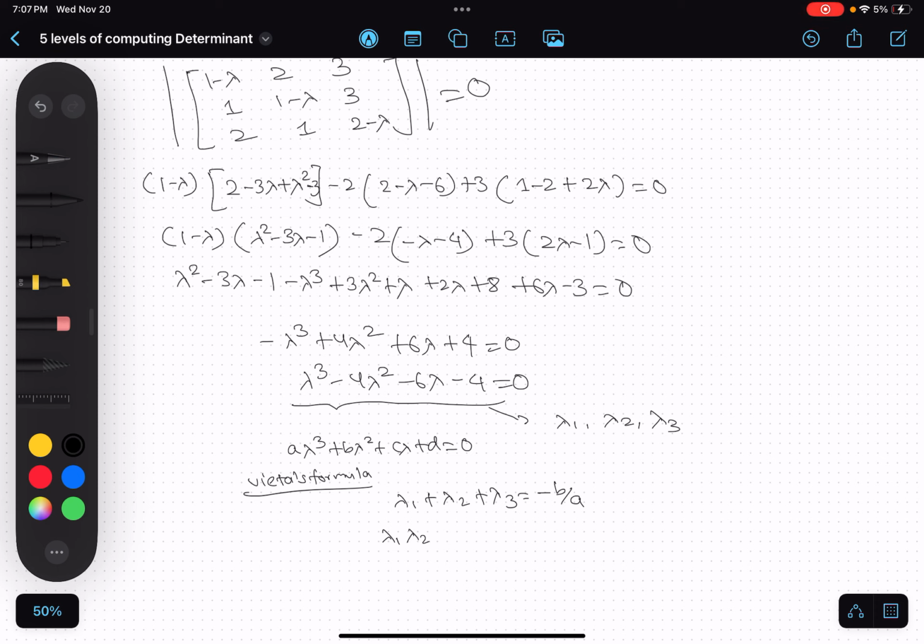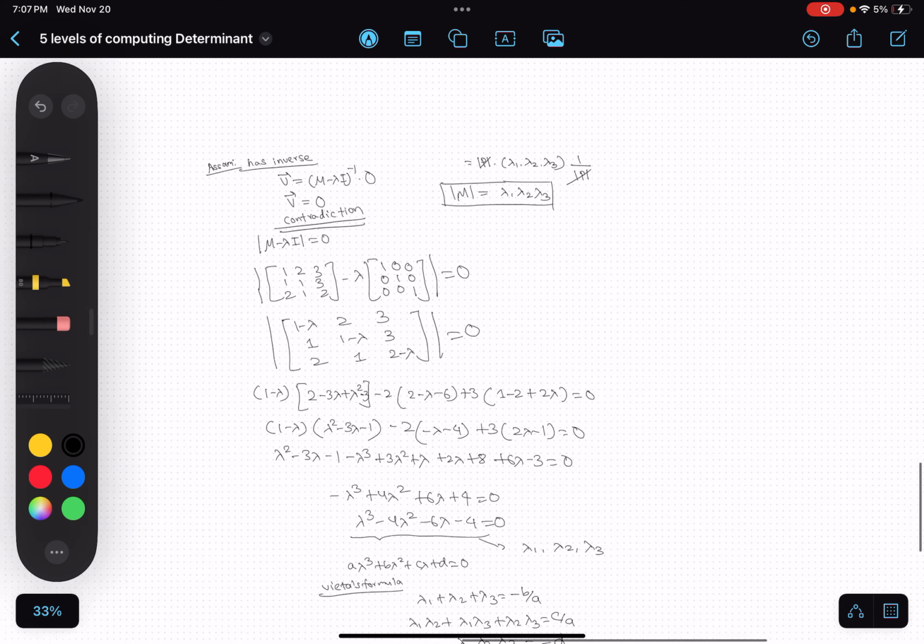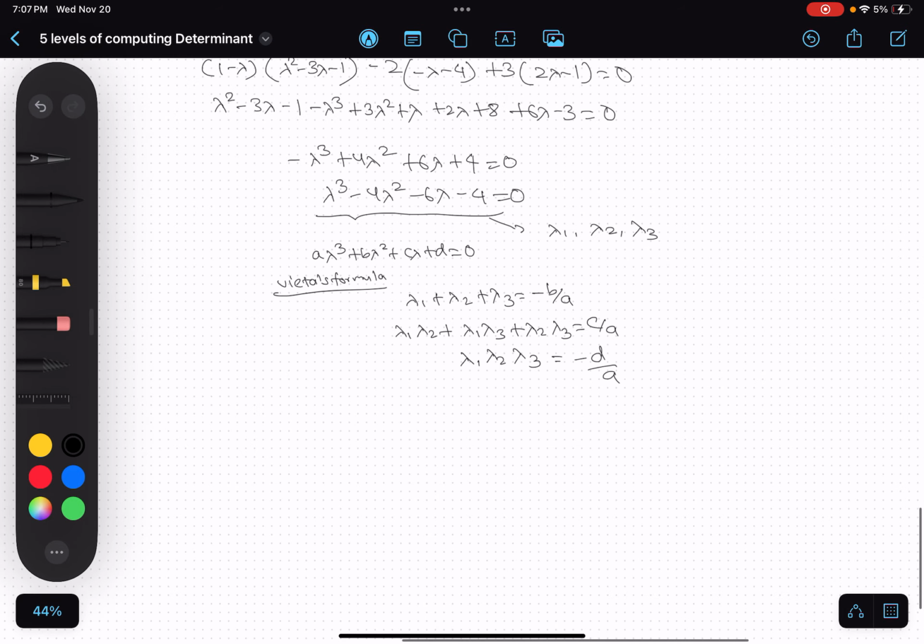The solutions taken 2 at a time will be c by a, and the solutions taken 3 at a time, their product, will be negative d by a. Since we just want the product, lambda 1 lambda 2 lambda 3 is negative d by a, and d is negative 4, a is 1, so their product is just 4.